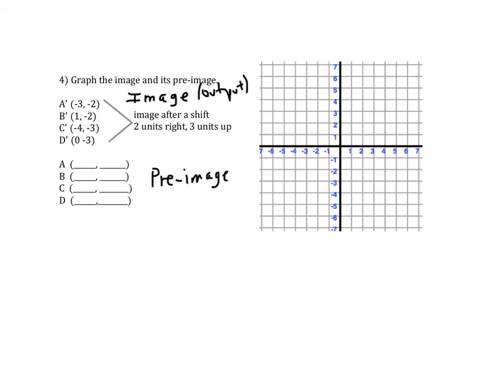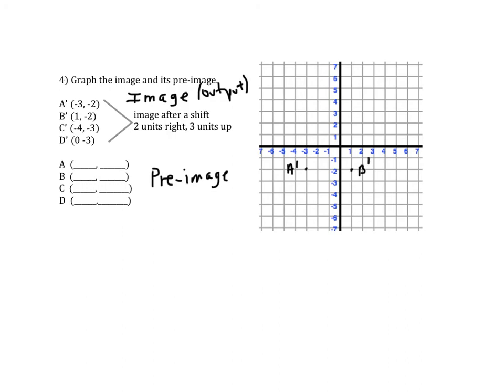The first thing I'm going to do is graph the image, or the output, by plotting the points that are given to me for A prime, B prime, and C prime. So A prime is at -3, -2. From the origin, go to the left 3 and then down 2. There's A prime. B prime is at 1, -2. From the origin, go to the right 1 and down 2.